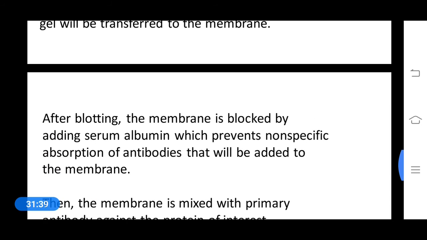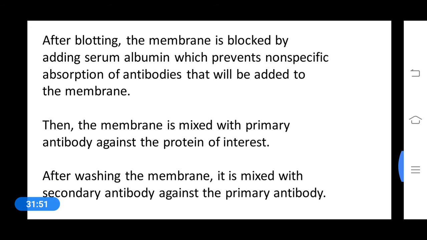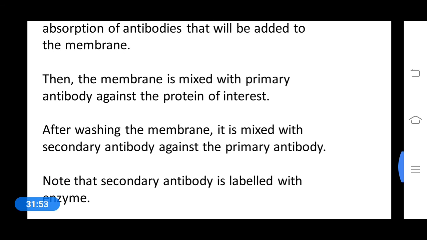After blotting, the membrane is blocked by adding serum albumin, which prevents non-specific absorption of antibodies that will be added to the membrane. Then the membrane is mixed with primary antibody against the protein of interest.